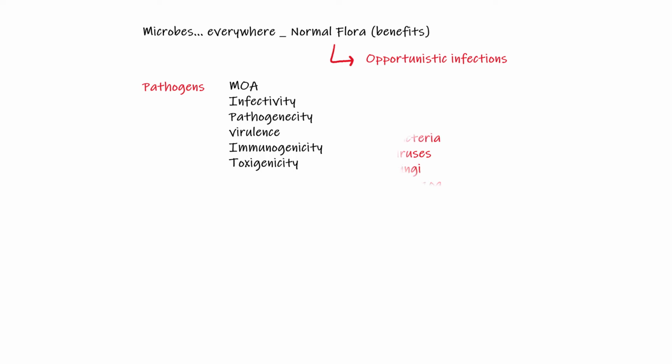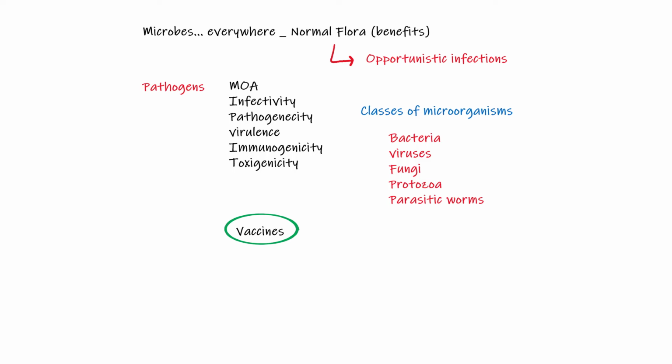We can divide microorganisms into 5 broad categories: bacteria, viruses, fungi, protozoa, and parasitic worms or helminths. Towards the end of this lecture, we will look at strategies. How can we prevent these infections? We'll look at how vaccines work.